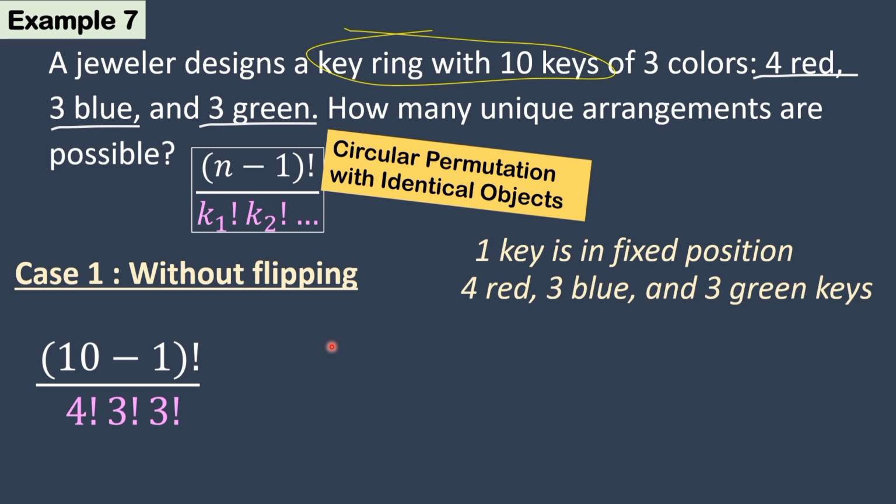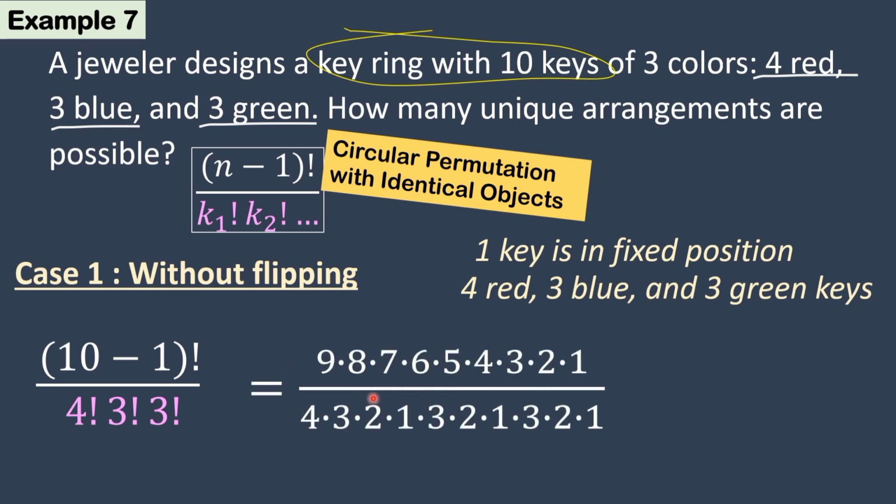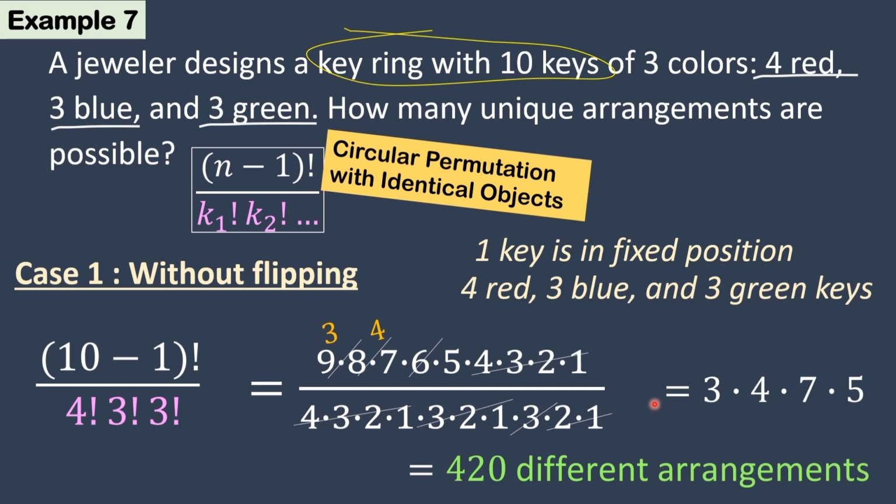This will be the case 1 without flipping or without reflections. This means that flipping the key ring gives a different arrangement. Then expand, cancelling out. That gives us 3 times 4 times 7 times 5. Therefore, there are 420 different arrangements of the 10 keys on the key ring.